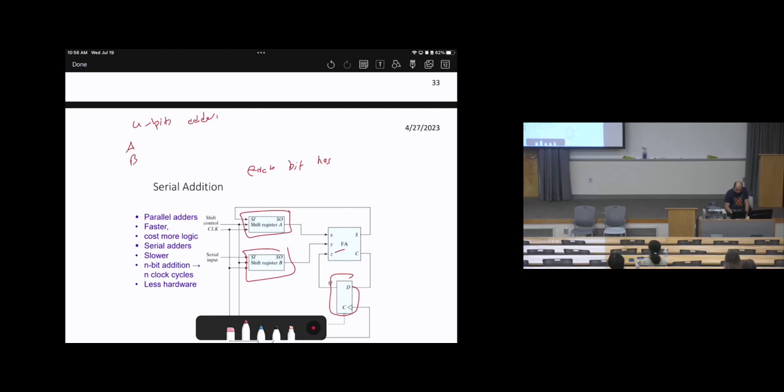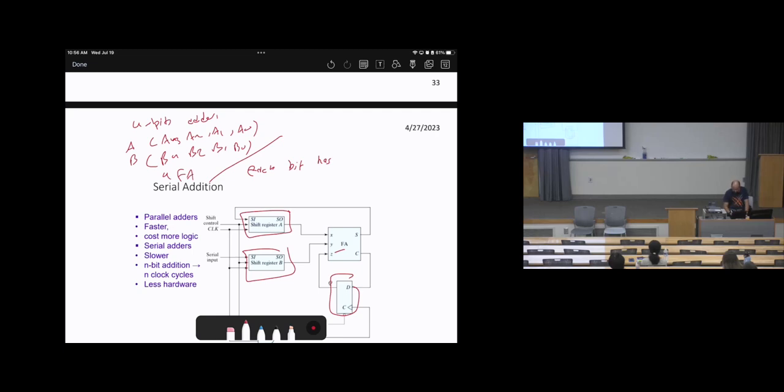In A, 4 bits, as we know, A3, A2, A1, A0. For B, B3, B2, B1, B0. So how many adders, full adders, do we need? We need 4 full adders, right?